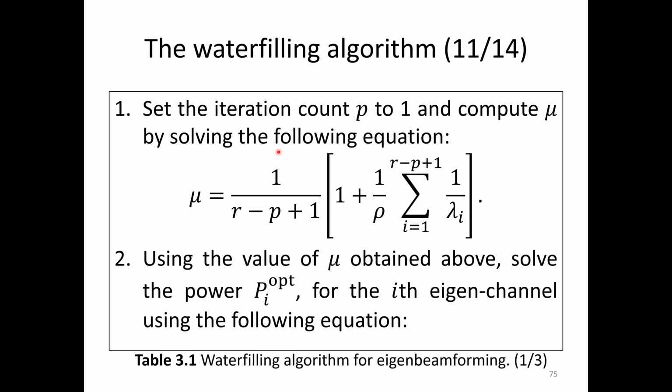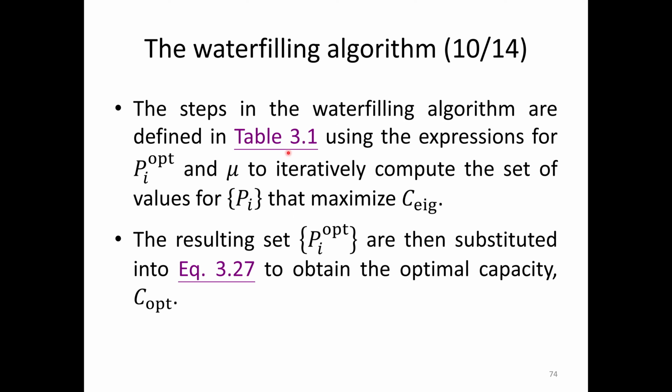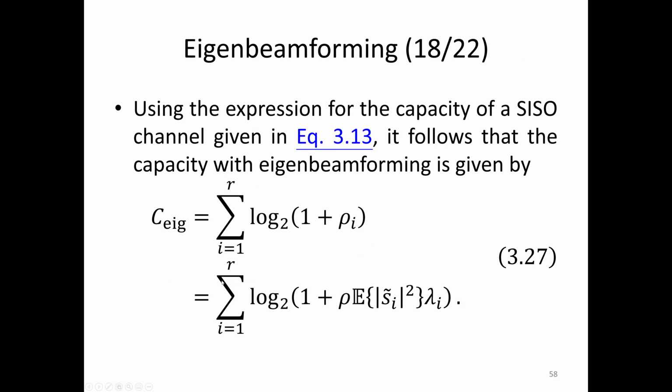Let us go back to page 74. Table 3.1 uses the expressions for PIOPT and mu to iteratively compute the set of values for Pi that maximize CEIG. The resulting set PIOPT are then substituted into equation 3.27.